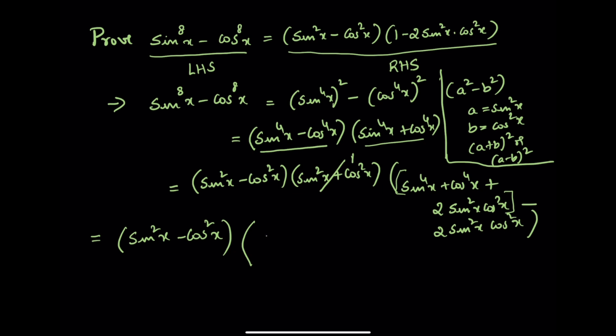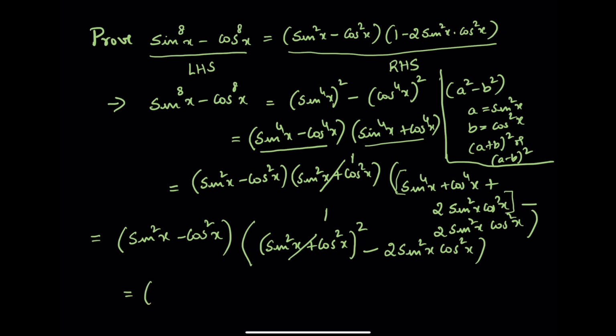So this will be (sine square x plus cos square x) the whole square minus 2 sine square x cos square x. Now this again will be 1 because of the trigonometric identity.